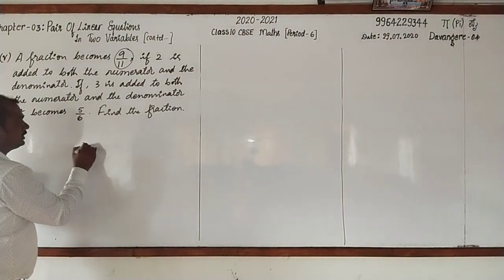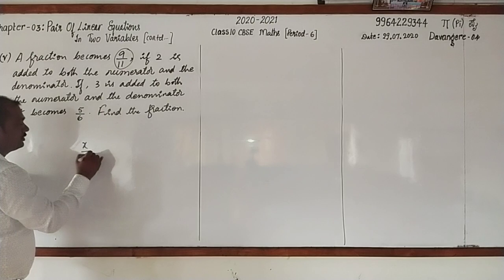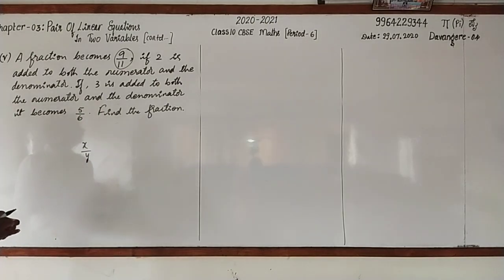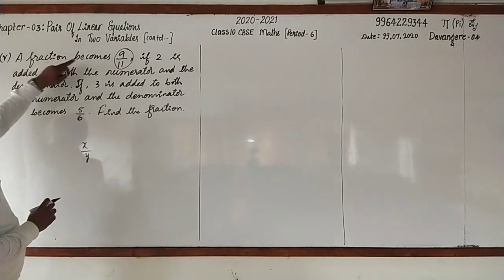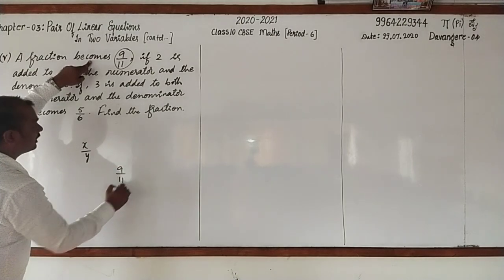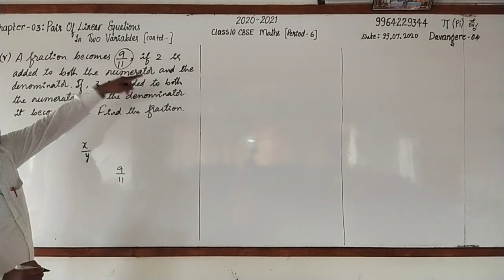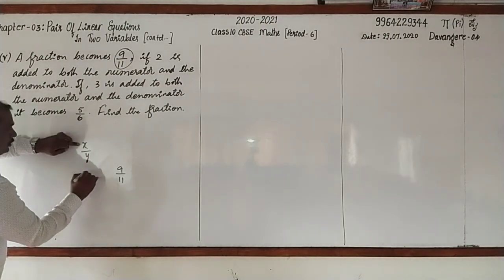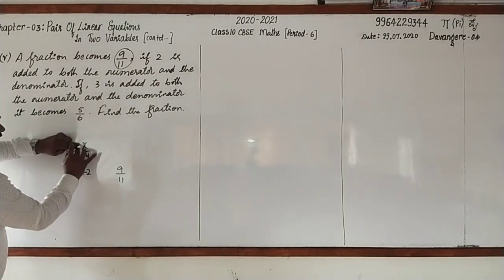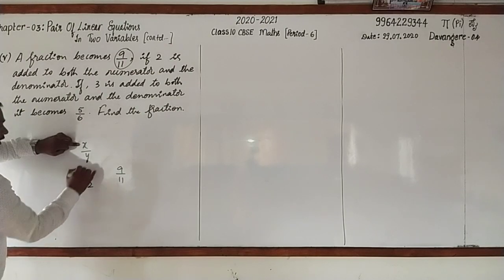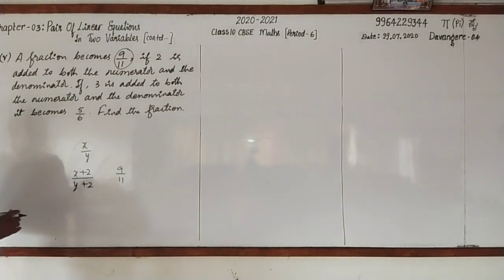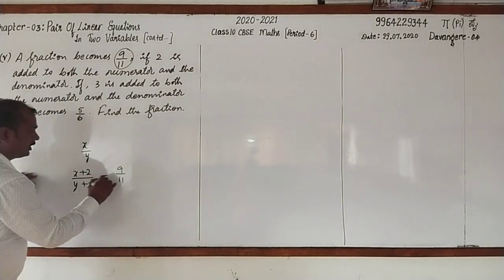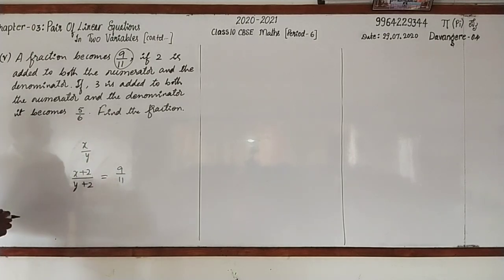I take the numerator as x, the denominator as y. It has been given that the fraction becomes 9 by 11 if and only if 2 is added to both numerator and denominator. 2 should be added to numerator x, 2 should also be added to denominator y. Using this, we have to form an equation.